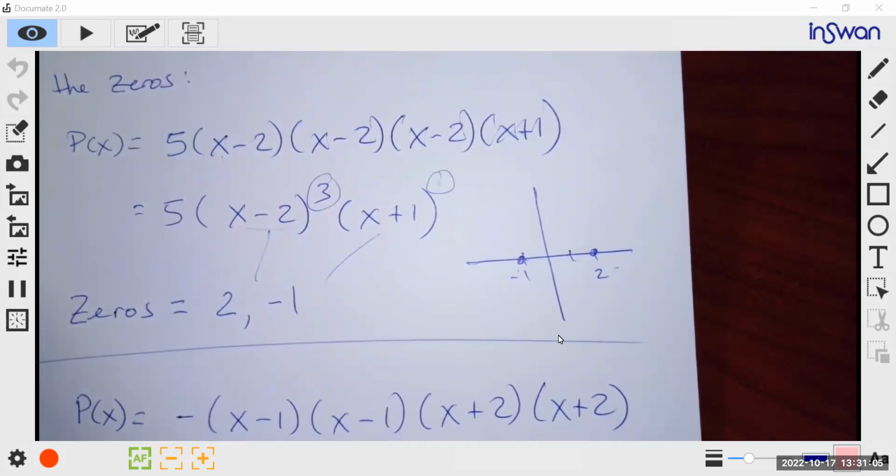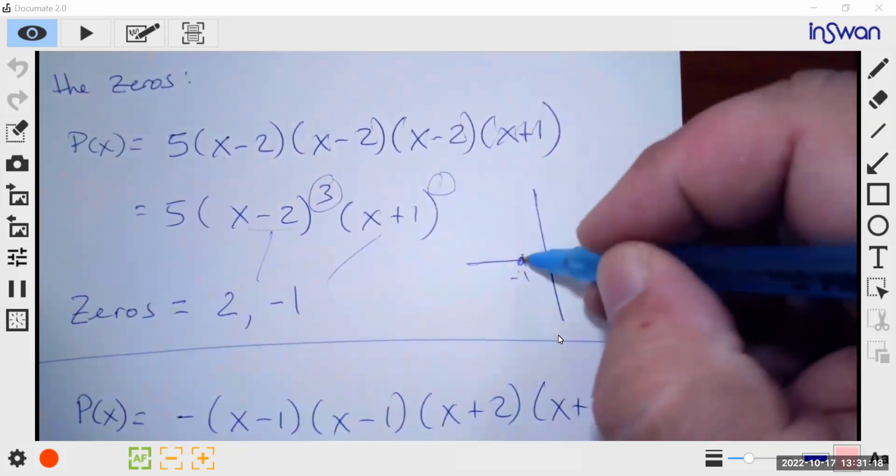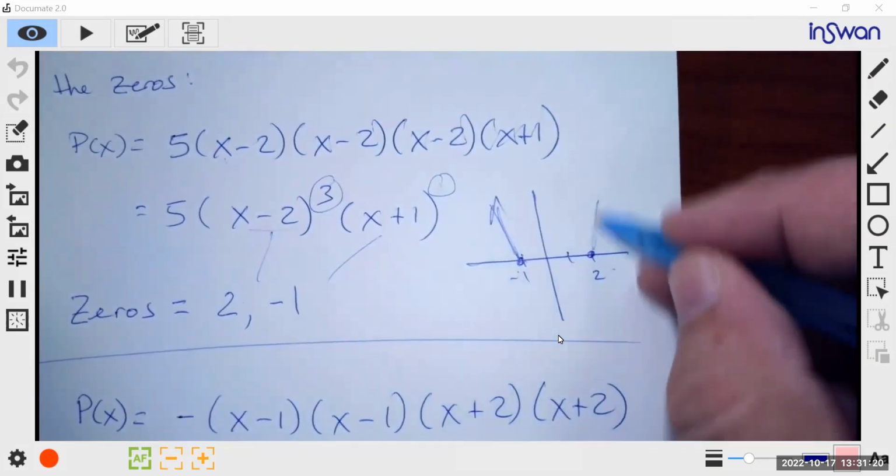Since the degree of this polynomial is 4, what does it tell me about the graph? It's even. So what end behavior, where does it point? The same direction, they both point up. So this end has to go up, this end has to go up.